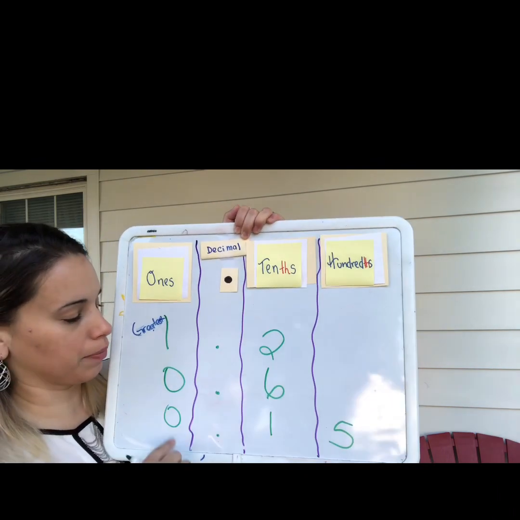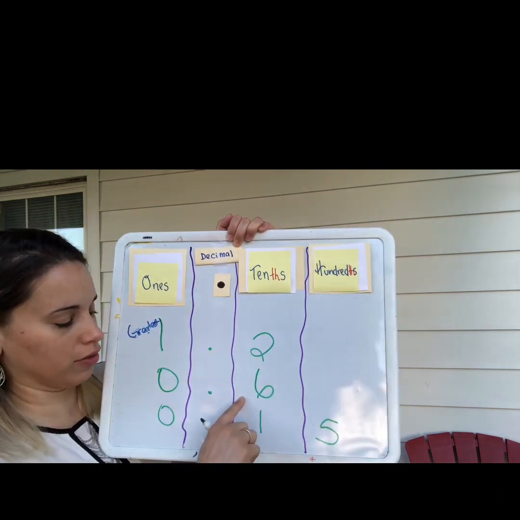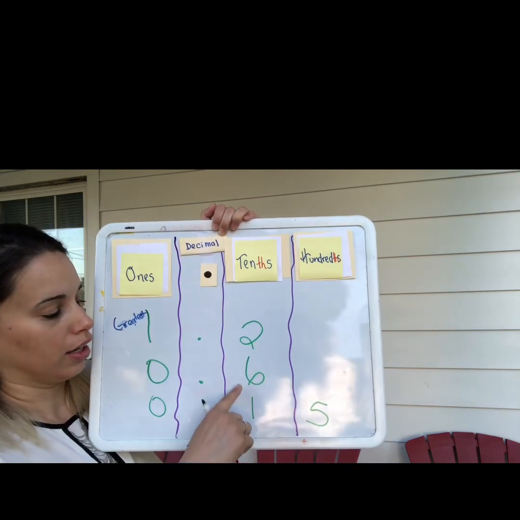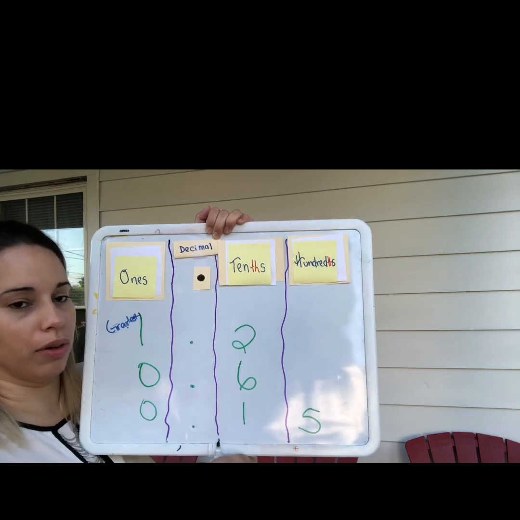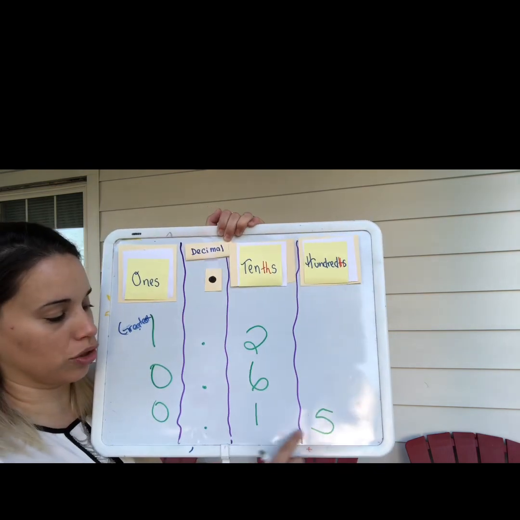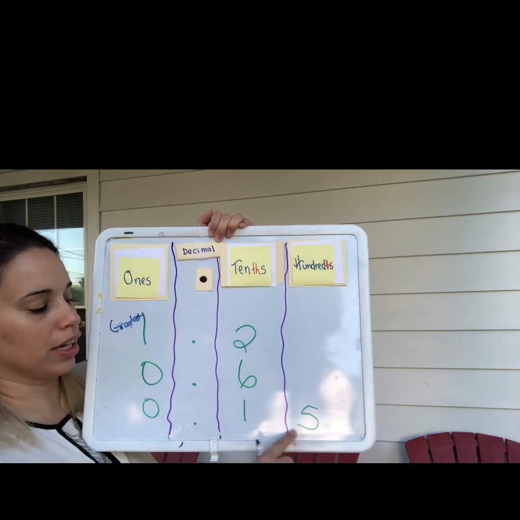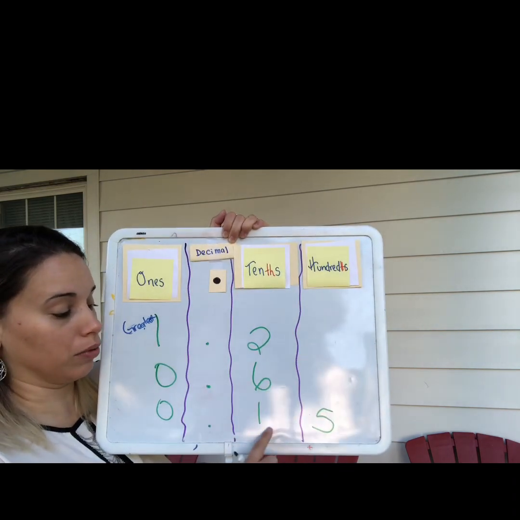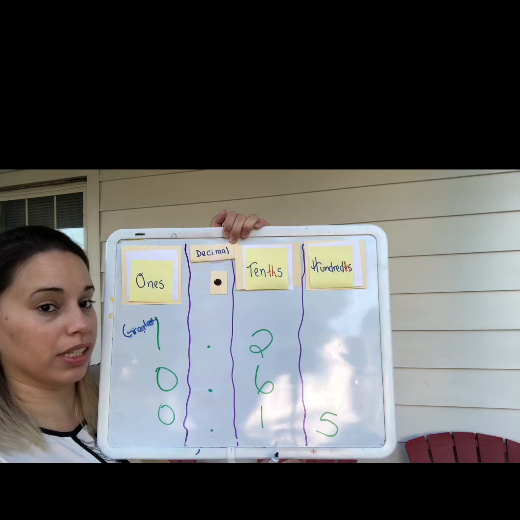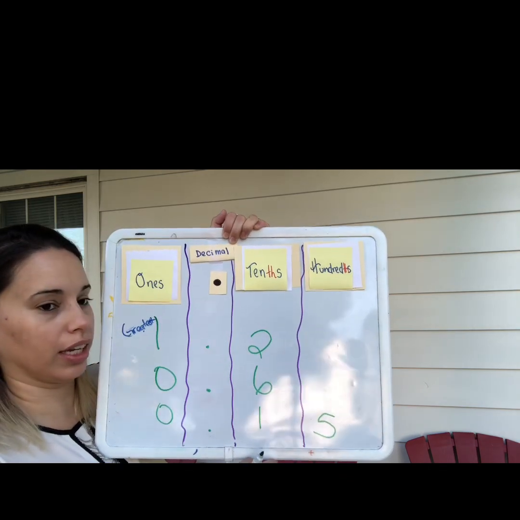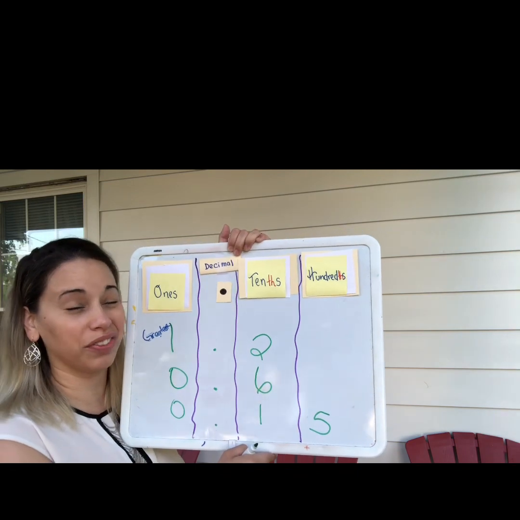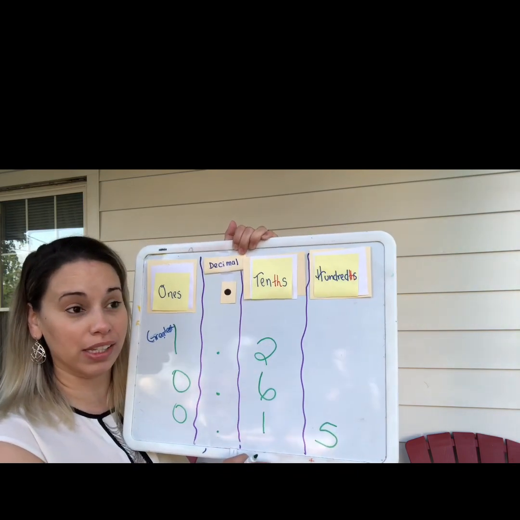Now here we need to compare these two. 6 tenths or 15 hundredths. I know that 6 is greater than 1. Although this number has 2 digits, this tells me that the whole was broken into 100 pieces and 15 was taken. It's like you have a dollar bill and you break it into pennies and you only took 15 of those pennies.